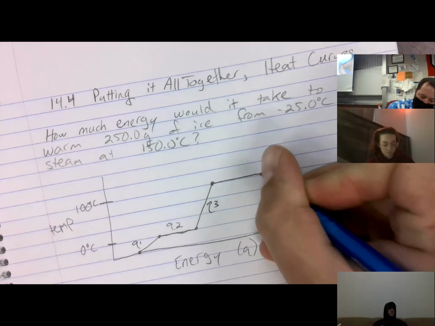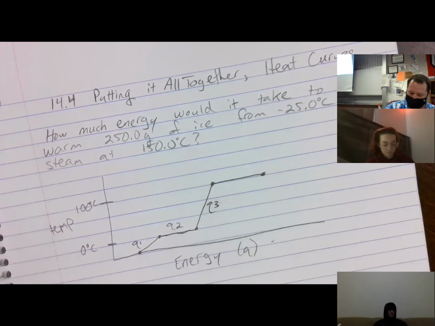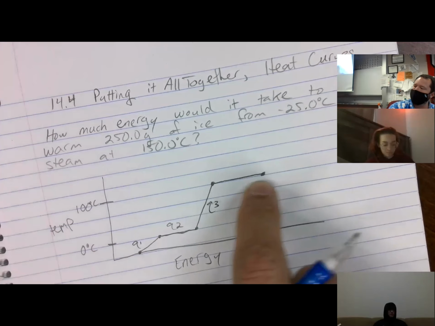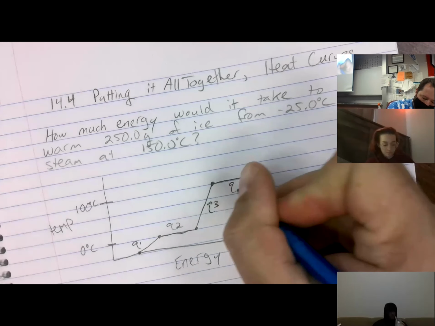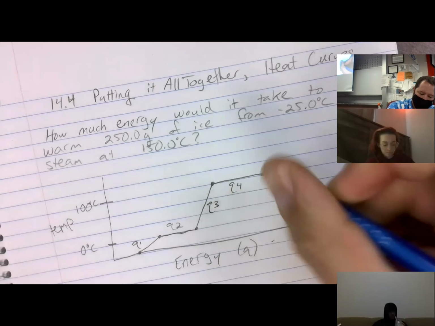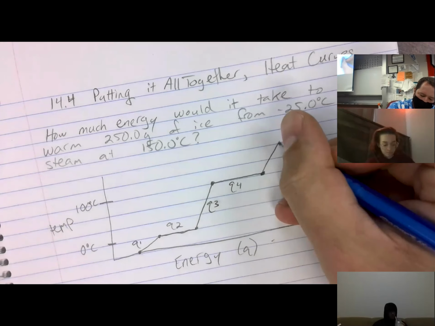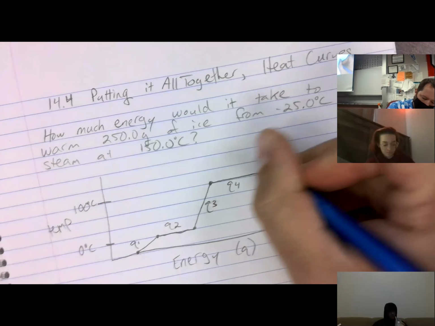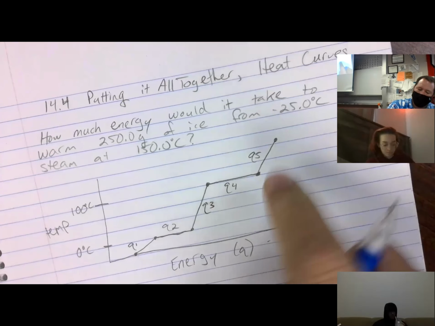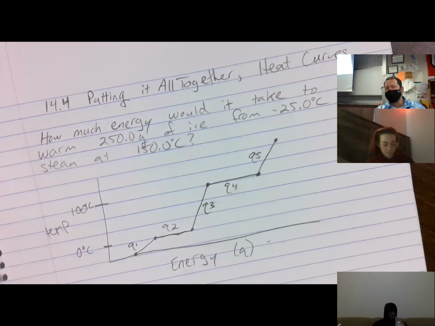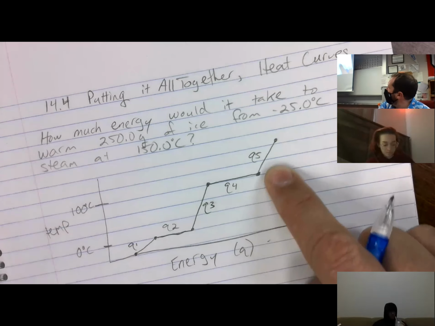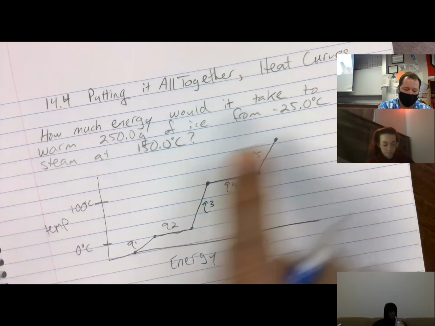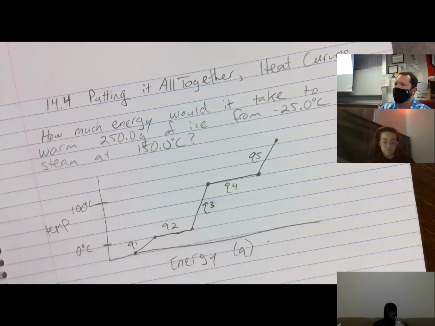And again, that is a flat line. We're changing state. That doesn't change temperature. So that'll be our fourth amount of energy. And finally, once we get to our steam, we can then bring the temperature up to the final temperature of 150 degrees.